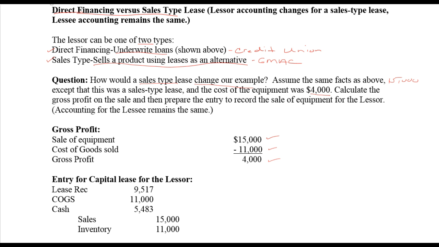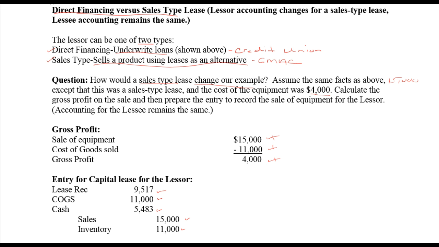Recall we had a payment made on the first day, so we have a lease receivable of $95.17, and we receive cash of $54.83, and now we have a sale in that amount. We're also picking up the cost of goods sold and the inventory, so you can see where the sales comes from, and cost of goods sold is just another expense.